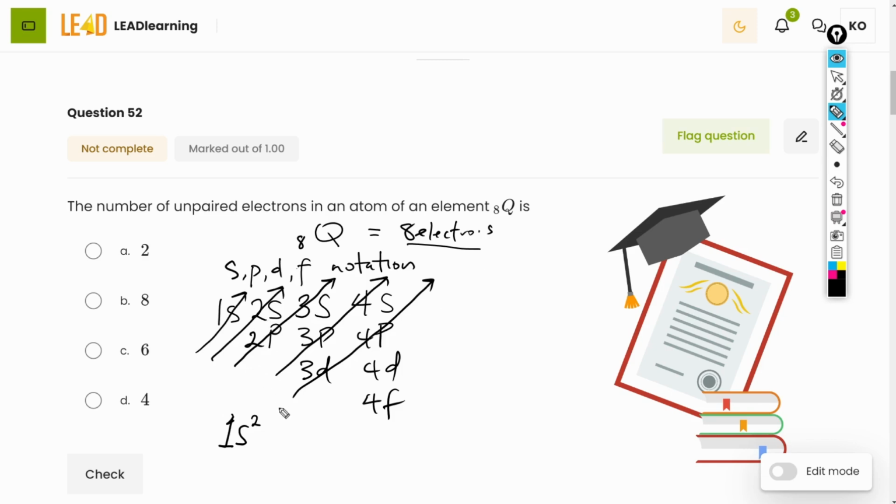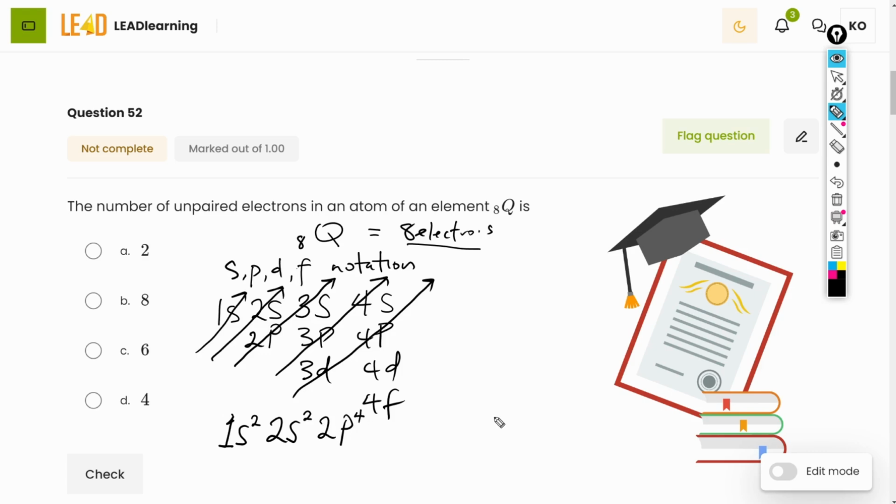The next orbital with the lower energy level is the 2s. Again, s orbital takes maximum of 2 electrons. We're now left with 4 electrons. The next orbital is 2p, and p can take a maximum of 6 electrons, but we're left with just 4.